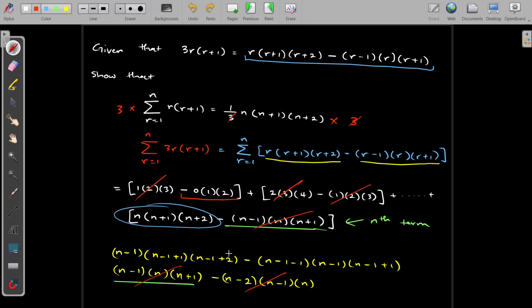So when we realized that this is what's going to remain from the first bracket, we're good, everything else will cancel out. But from the last bracket, we need to know which one of these will remain. So we had to find the term before the nth term. So that would be our n minus 1 term.